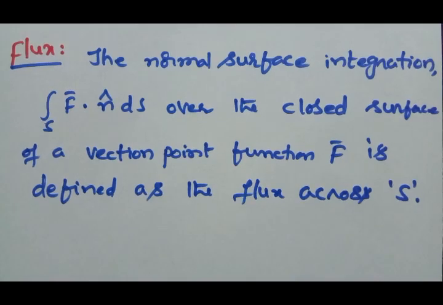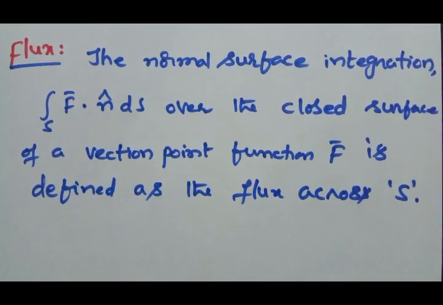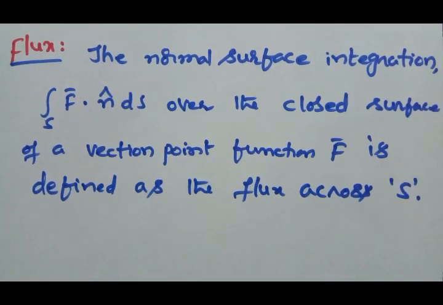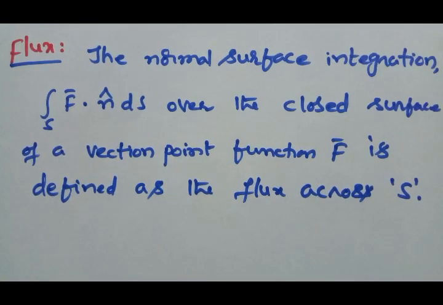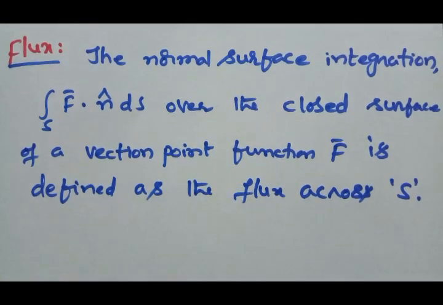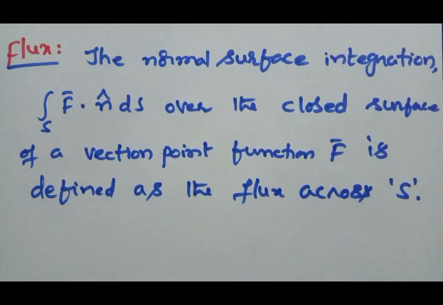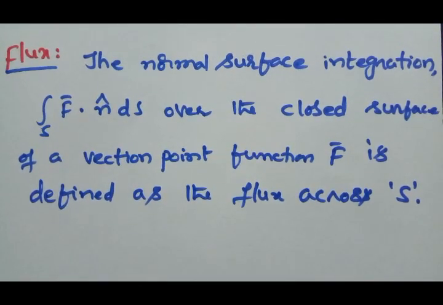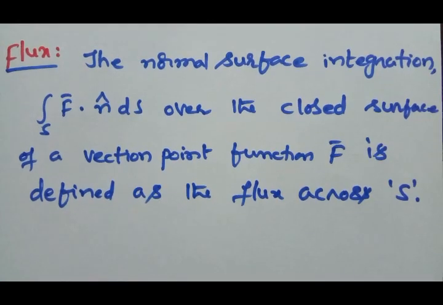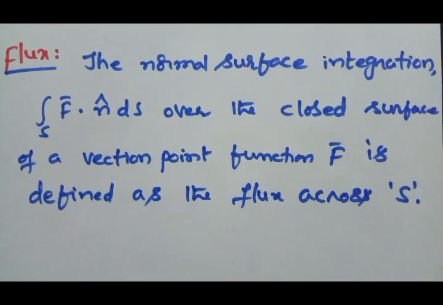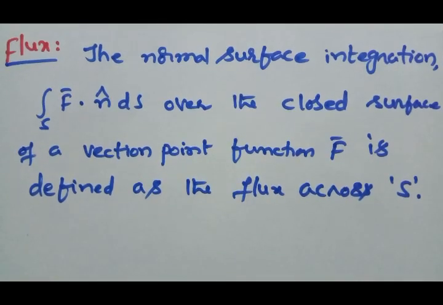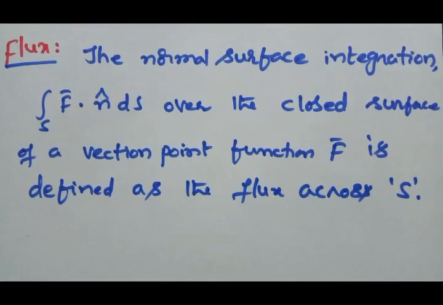So if you can evaluate the normal surface integration along a closed surface S, then it can be termed as a flux along the surface S. If the flux along every closed surface in a region becomes zero, then f bar is said to be a solenoidal vector in its region.